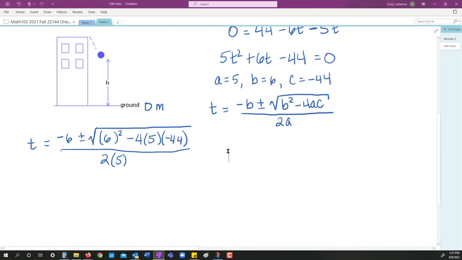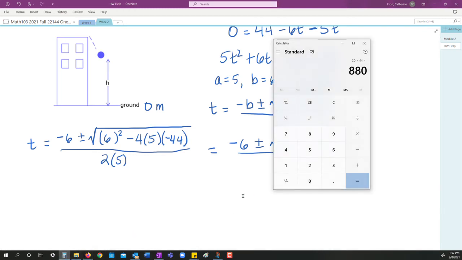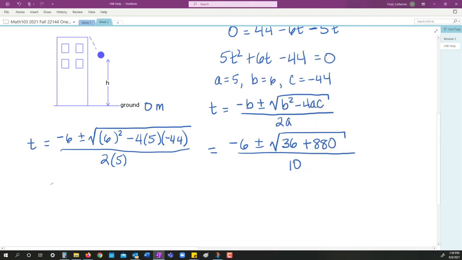So we've got -6 plus or minus square root 36 plus 880, all over 10. And 36 plus 880 is 916. So negative 6 plus or minus square root 916, all over 10.